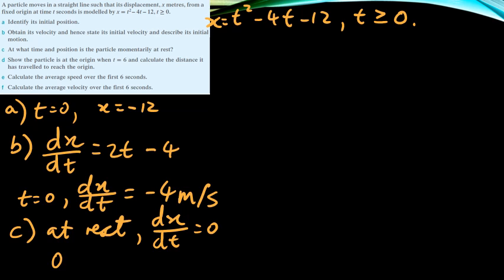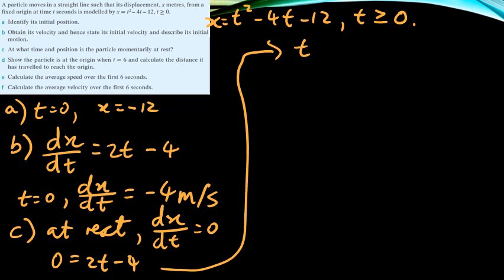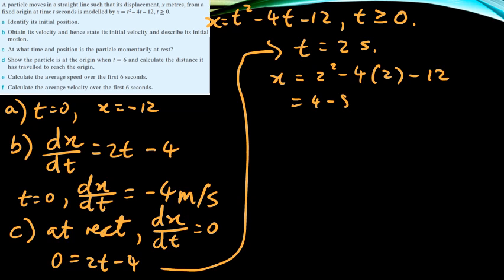So 0 equals 2t minus 4. So what's t equal to? Then we need to find the position as well. So sub that back in the original. 2 squared minus 4 times 2 minus 12 gives you 4 minus 8 minus 12. -20, so -16 meters. Hopefully I didn't stuff that up.